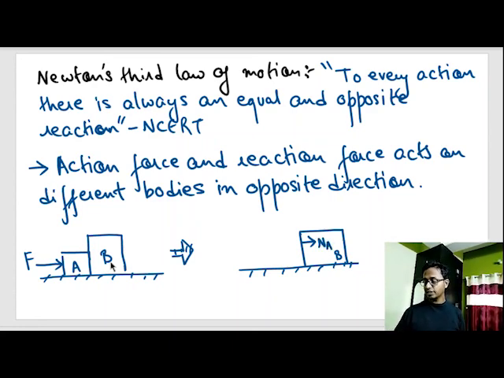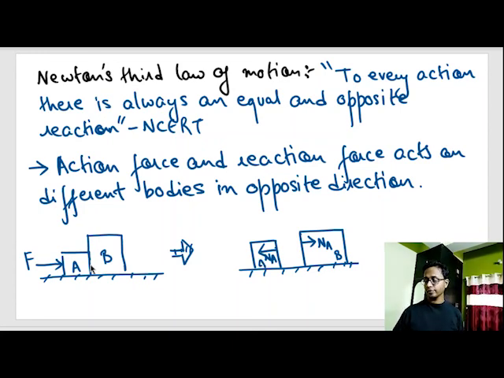Now Newton's third law of motion says that this force will act equal and opposite in nature. That means if block A pushes block B on this surface, block B pushes back block A with an equal amount of force in the opposite direction. This is Newton's third law of motion.